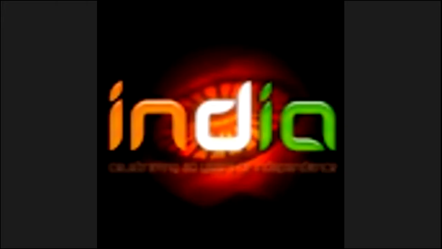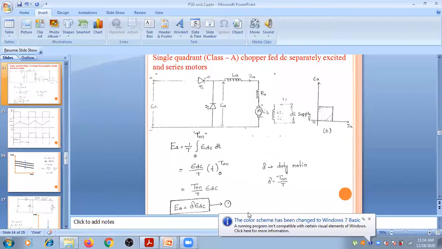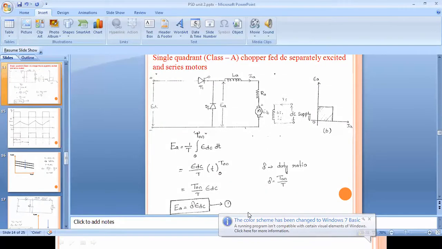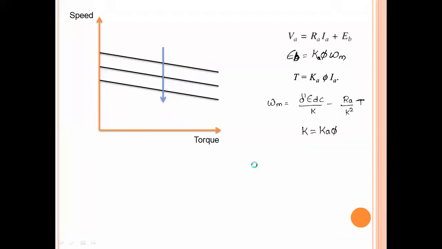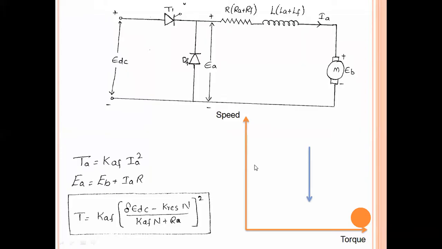I'll share the screen again. See, this is the first quadrant chopper with the DC series motor.